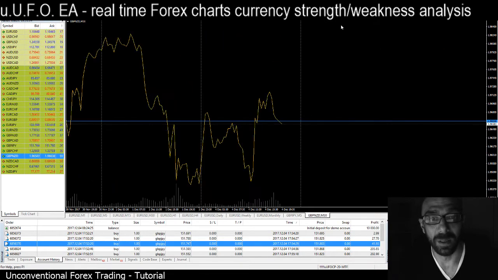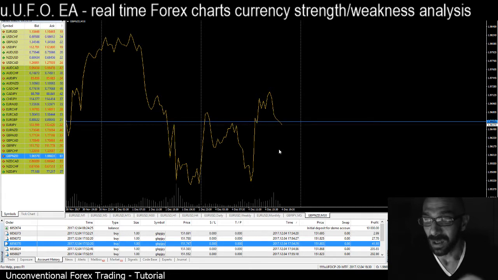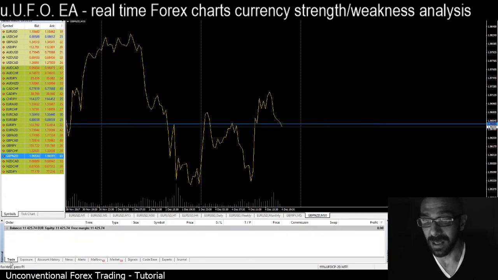Let's put it. See also this big oscillation, and they are all ranging, exchanging, and they are trading continuously Japanese yen, New Zealand dollar, Australian dollar. So the movements are not very clear and distinct.